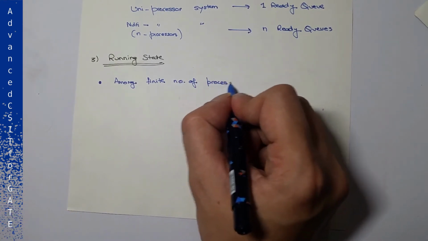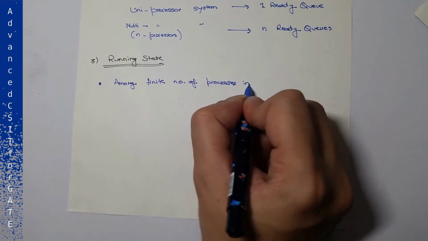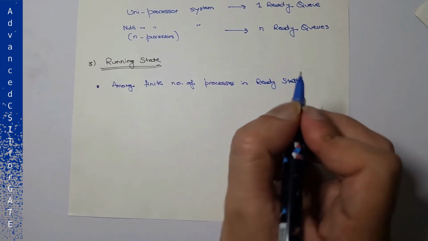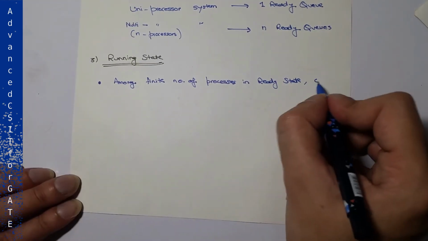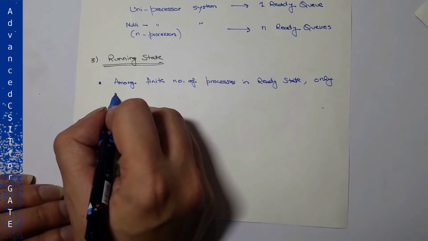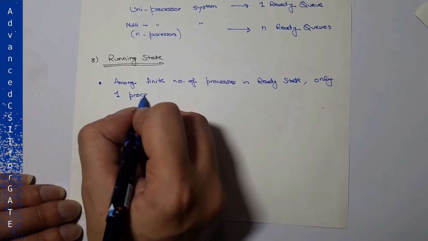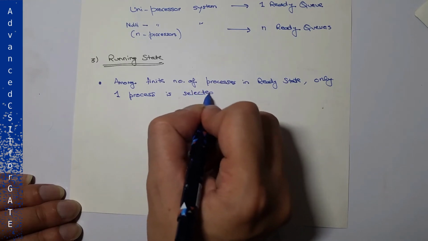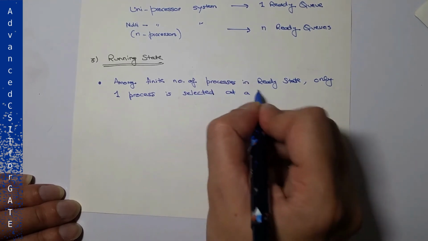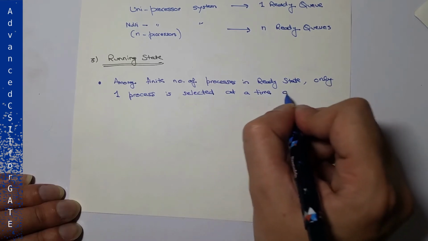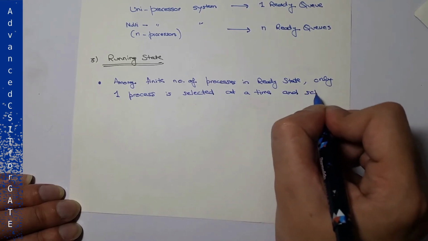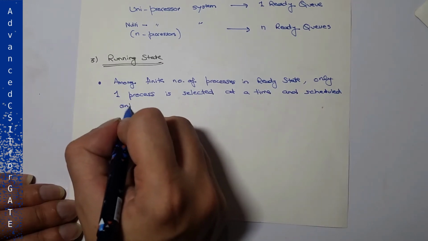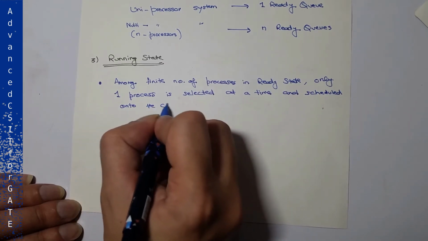Among the finite number of processes in ready state, only one process is selected at a time and scheduled onto the CPU.